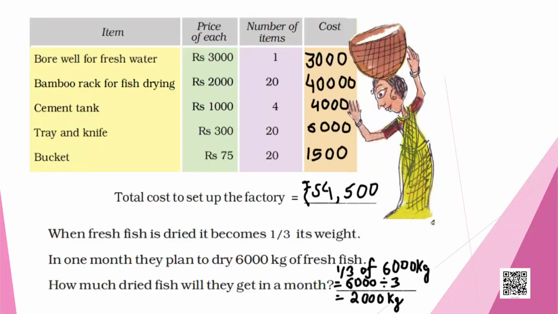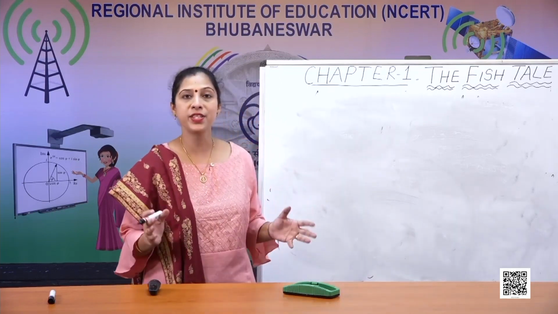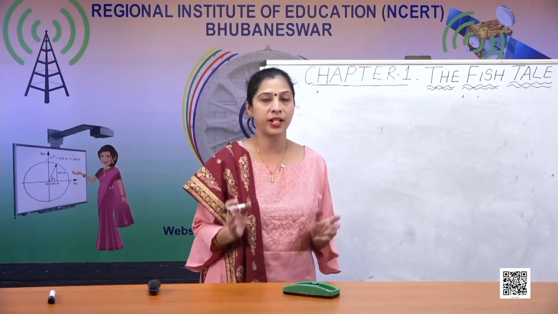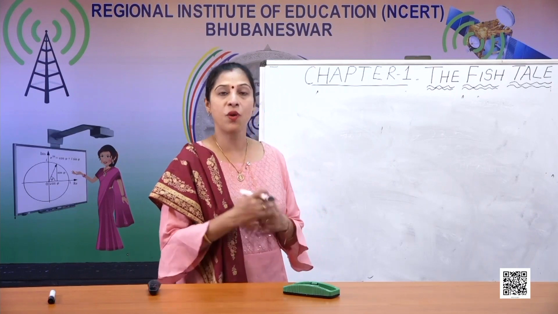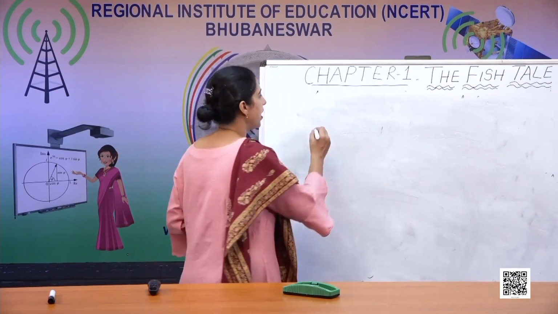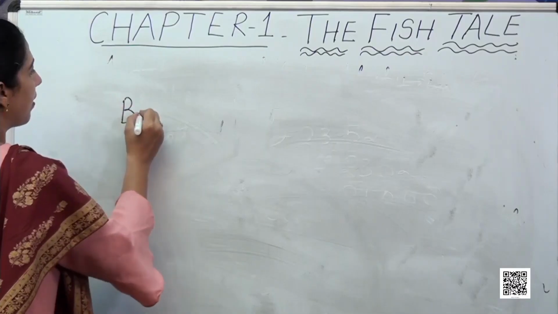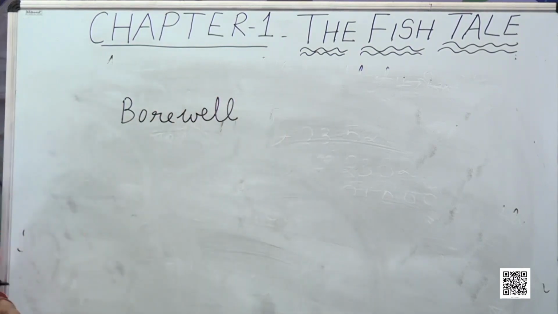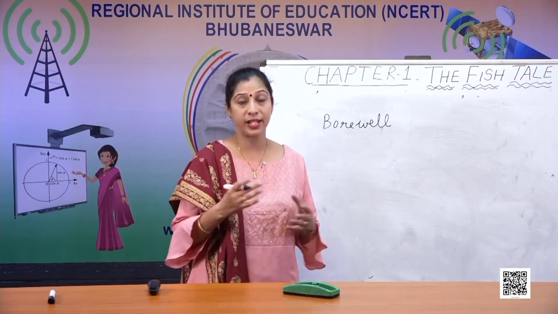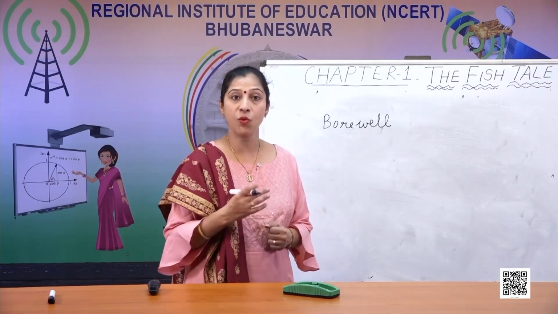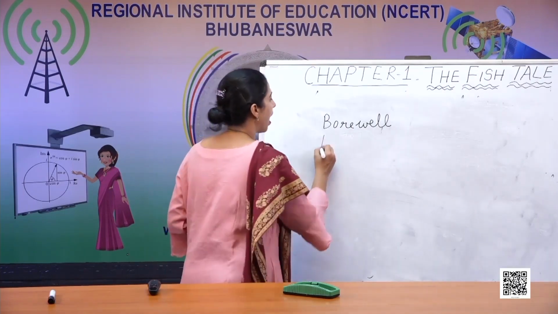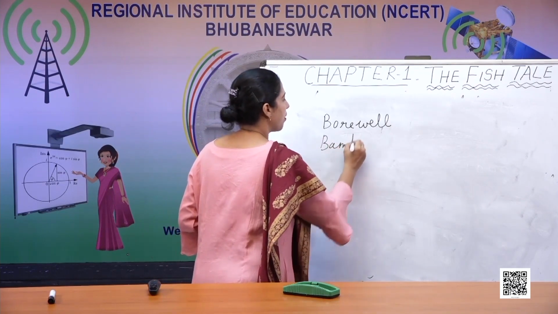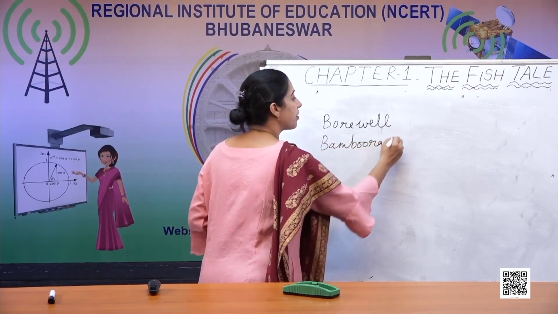So Fazila made a list of the things needed to start the dry fish factory. Let's see what they wrote down. First, they needed a borewell for digging water, because anytime they start a factory, we need water. Then they needed bamboo racks to dry the fish.